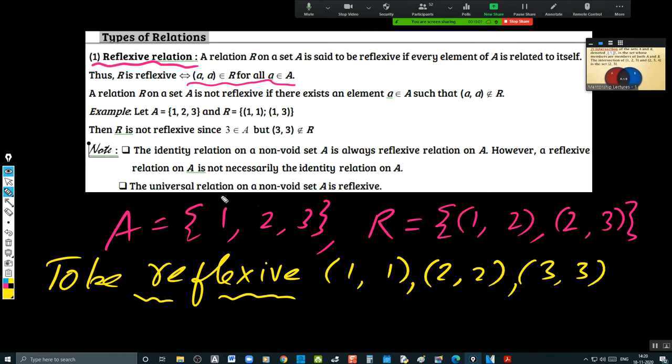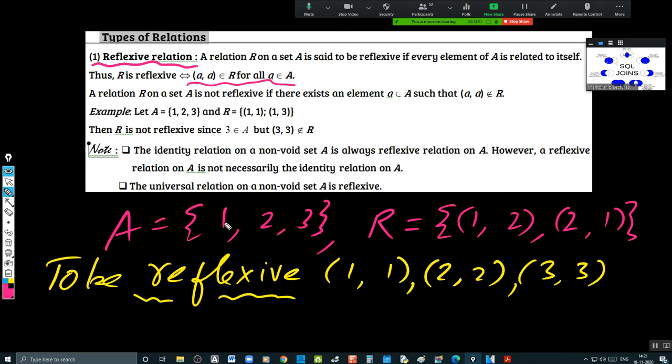For example, whatever relation R is given in this question is not reflexive. But if I write something like this, 1, 2, I'm altering this as 2, 1.